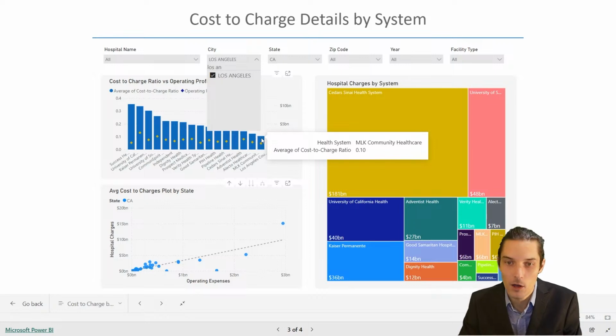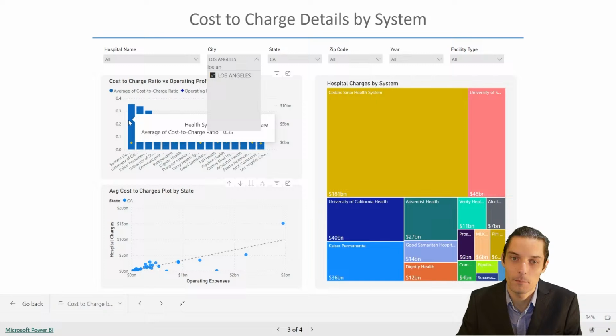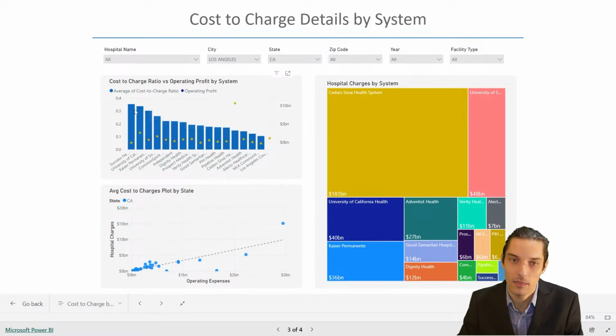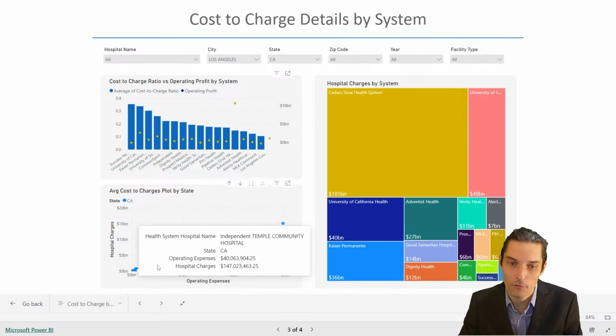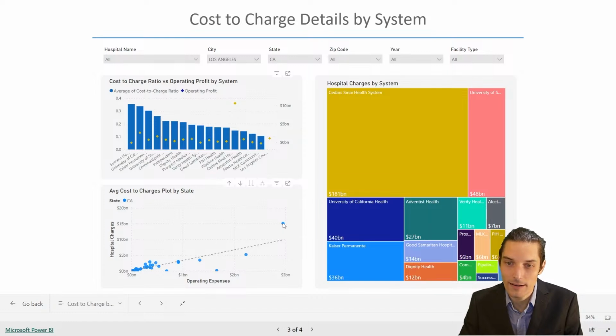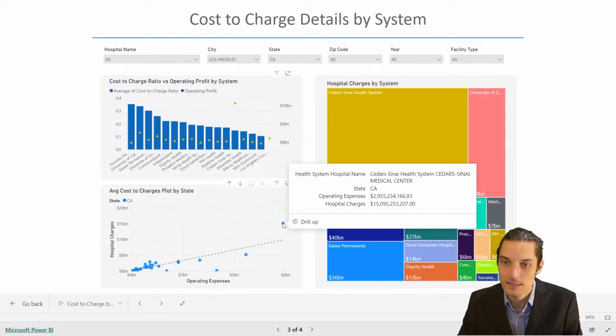And so with MLK, you would want to negotiate downward a lot more than with Success Healthcare, although for these two you would want to negotiate a lot. Also, if you see this trend, you can also identify that Cedars-Sinai Health is certainly outside of that trend line.